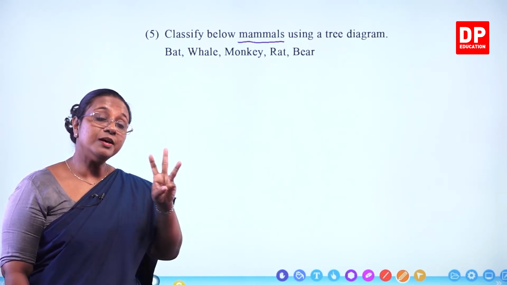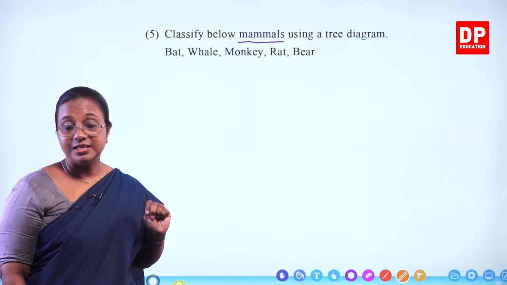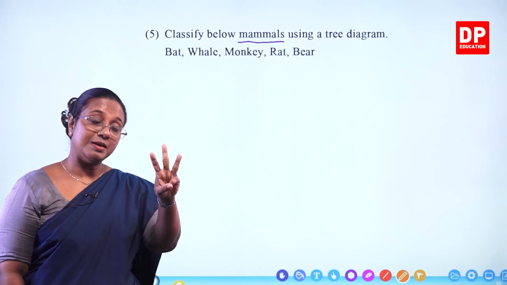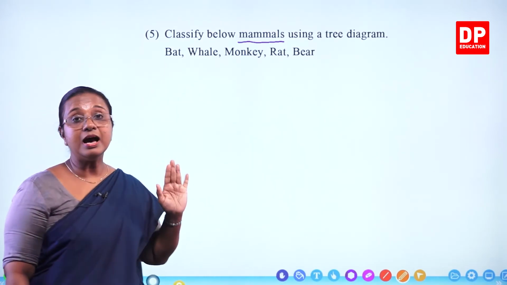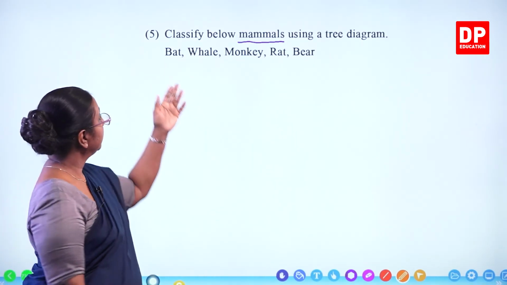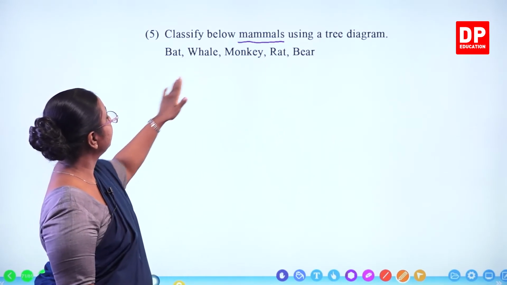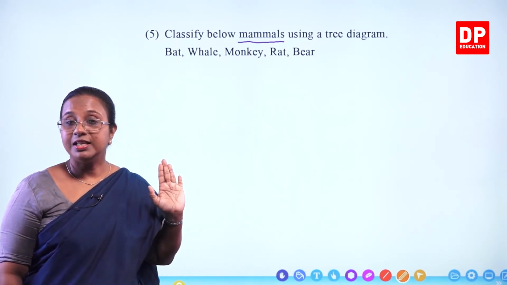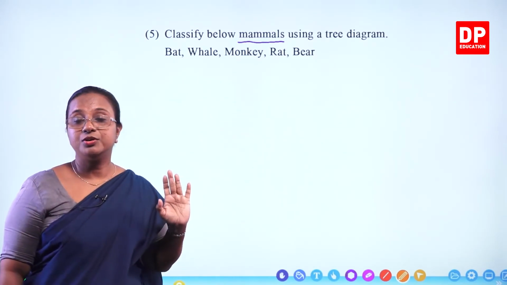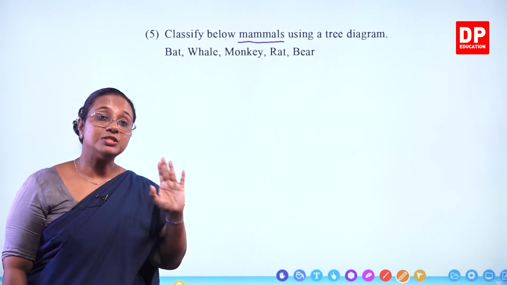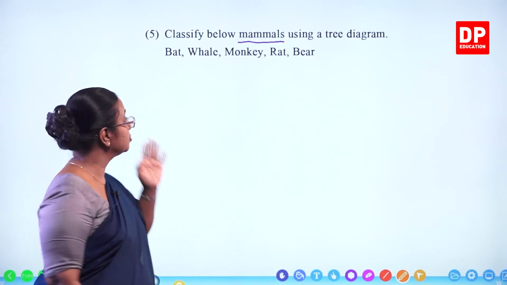So, based on the appendages used by these organisms, we can classify them into three groups. Or else, we can consider their habitat. If we consider the habitat, then whale will go into the aquatic habitat or sea and all the other organisms will come on to land. But I will use the first criteria that I told you.